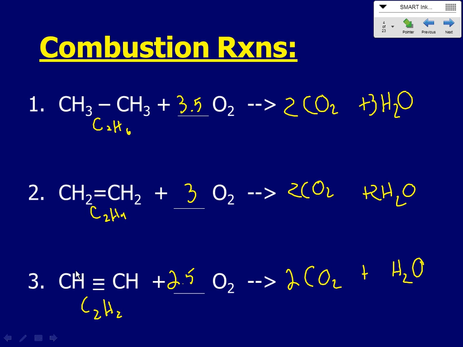I don't know if you recall, but gas molecules behave the same whether they're small or big. So if you take something like octane, which has 8 carbons and 8 times 2 plus 2, so what's that, 16, 18 hydrogens. You're going to get a lot of carbon dioxide and water, and a lot of energy out.